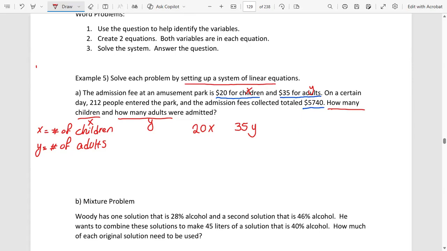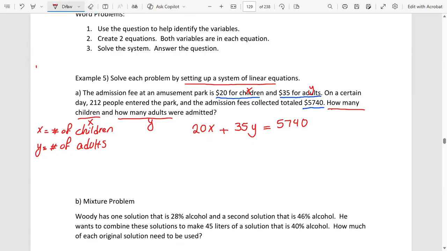Since they are the money part, if you add them together, they must equal all the money that the park collected, which is 5,740. So make sure when you're writing an equation, every equation has the same unit. So $20, $35, $5,740.